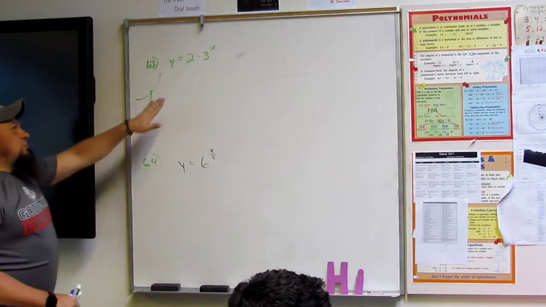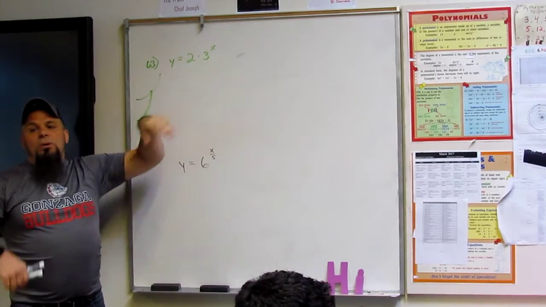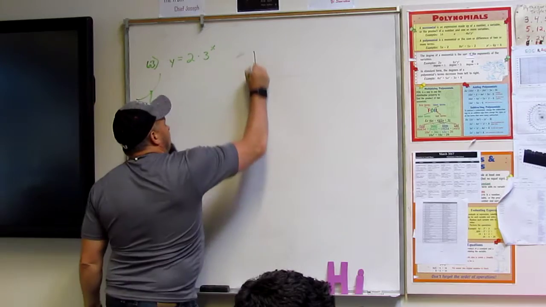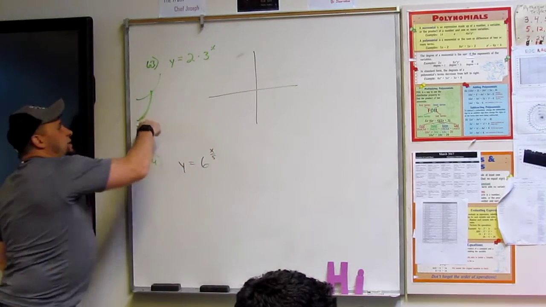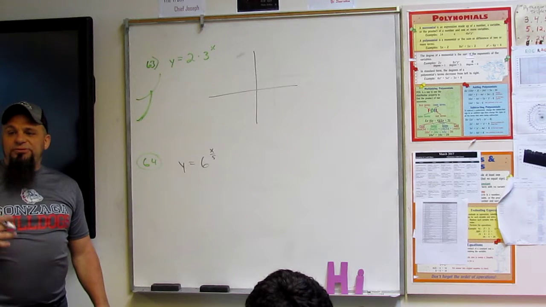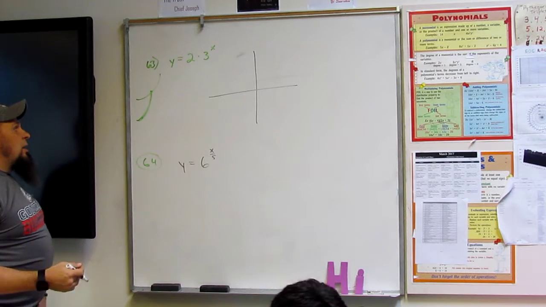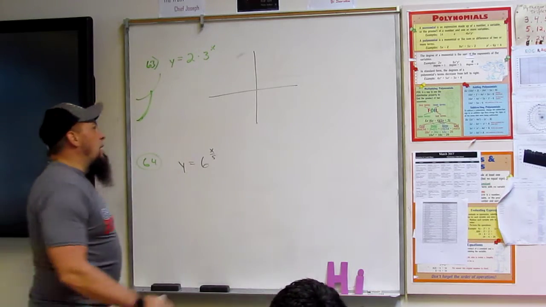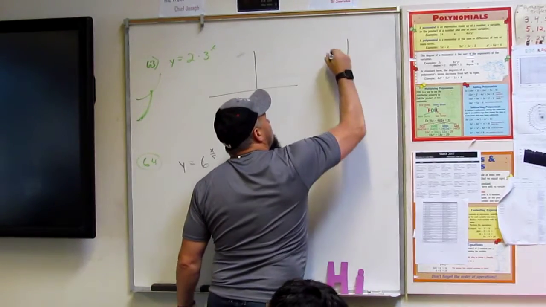So, we're going to take this function and plug in some numbers so we know how to graph it. That's it. We already know what it looks like. So, let's figure out what happens. What's the easiest number to plug in? 0.